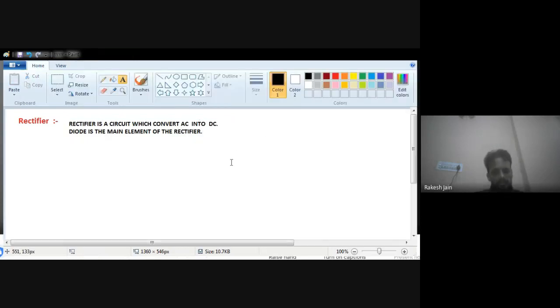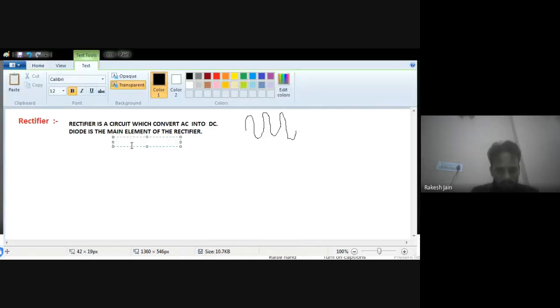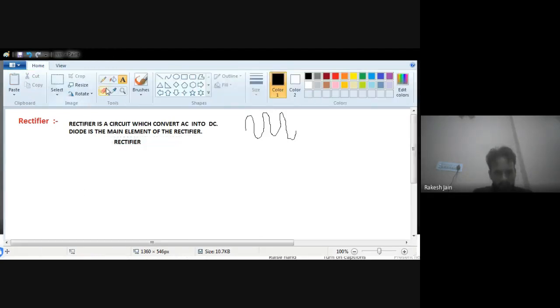So a circuit which converts an alternating current, like this one, AC, into DC is known as a rectifier circuit. Now, how many types of rectifiers are there?